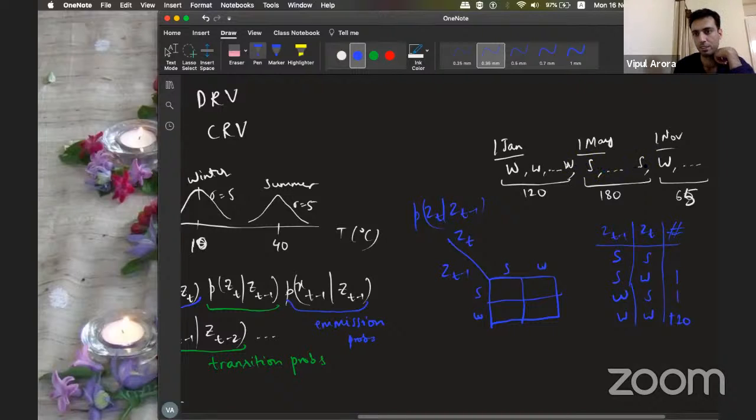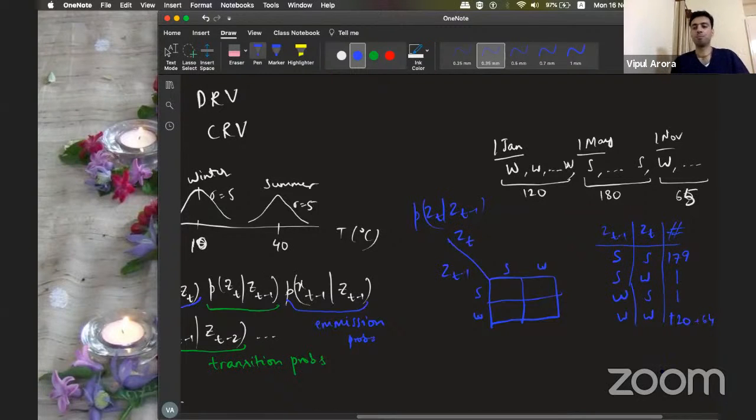So only up till this you get 179. Now this jump, winters given summer, is 1 case. And then remaining, there are 65 here, so 64 cases are formed. So plus 64.